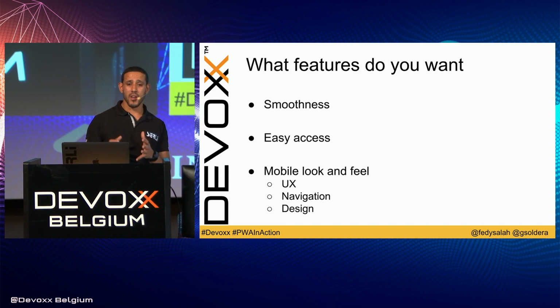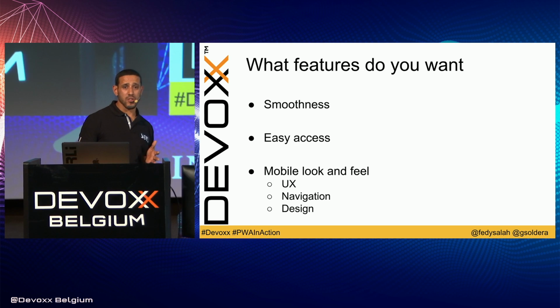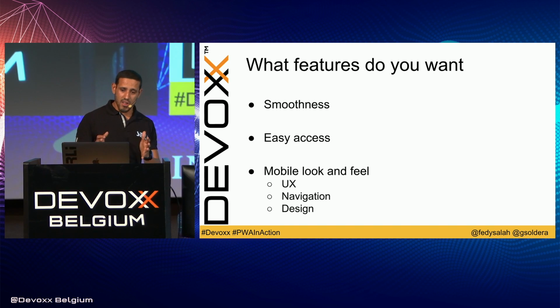So once we had an idea about how users behave on their mobile apps, the second thing that might be important for us is to concentrate on which features we want our application to provide to the users.